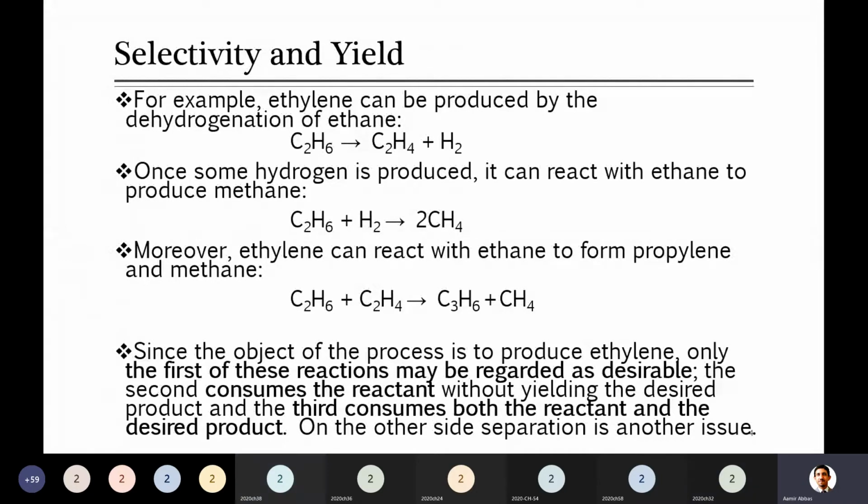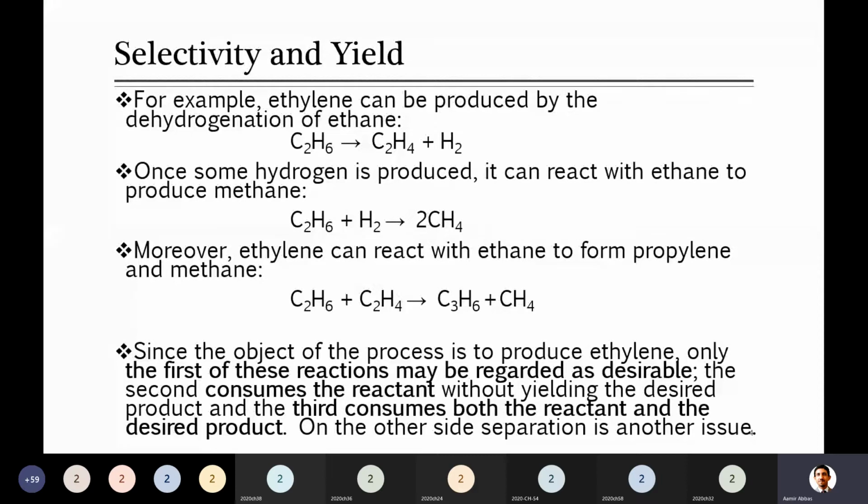Because it depends on the amount of reactant, and if all the reactant is consumed in only this reaction, with no side reaction, then 100 will be produced. In that case, if you calculate the yield of this reaction, what should it be? 100%. 100 divided by 100, so it will be 1. If you report it as a percentage, it will be 100% yield.